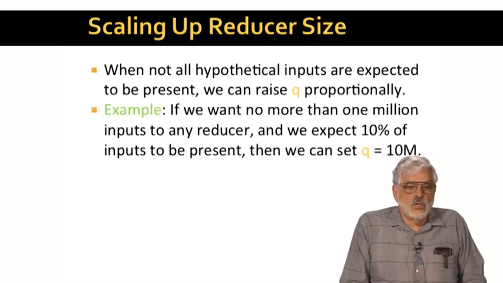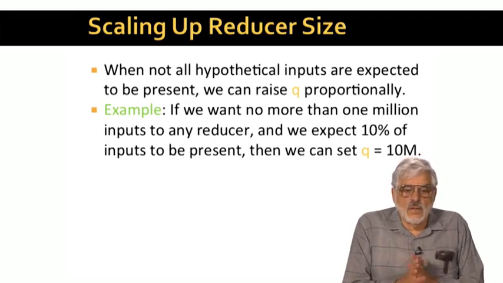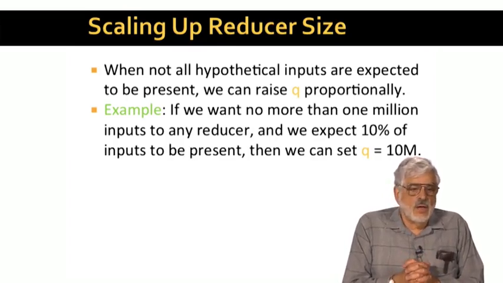For example, suppose that we decide we want no more than 1 million inputs to any reducer, and that bound is necessary to enable the reducer to do its work in main memory. Suppose we also know that 10% of all the hypothetical inputs will actually be there when we run the algorithm. Then we might design the algorithm with a Q of 10 million, figuring that of the 10 million values that might be sent to the reducer, on average only 1 million of them will really be there, and things will work well in main memory.